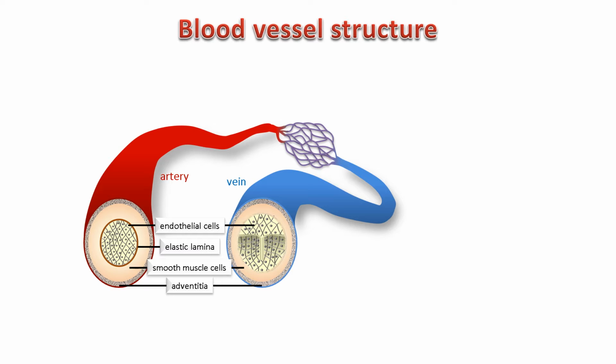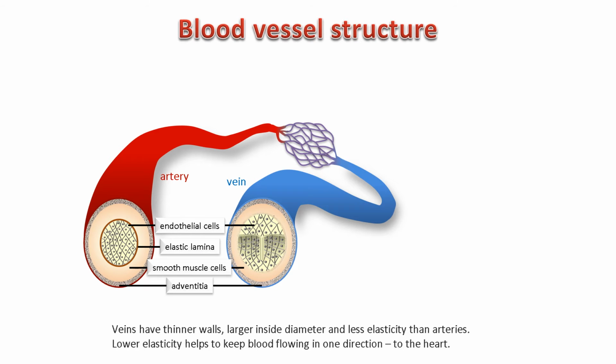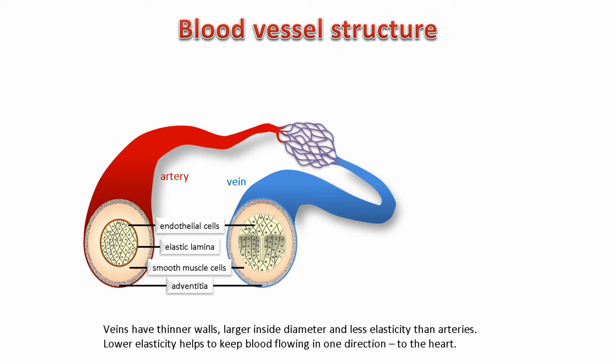In comparison to arteries, veins have thinner walls and a larger internal diameter. This reflects the different functions that they serve. The thick elastic walls of arteries helps them to withstand the high blood pressures of the arterial system and to expand as blood pumps through them while recoiling during diastole.